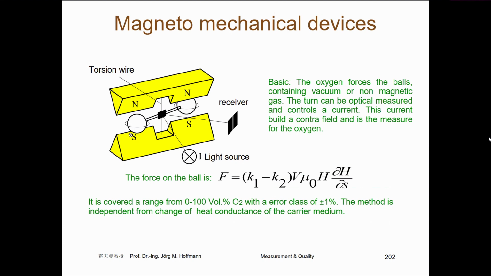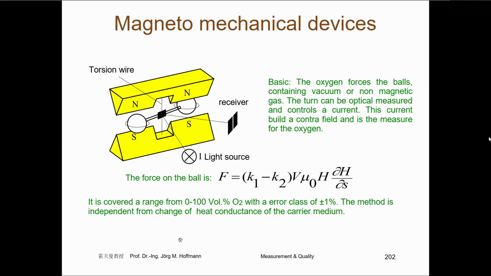And when you have more oxygen, you need a higher current to bring the ball again into the middle of these magnets, because a higher content of oxygen leads to a higher force to move this ball outside. So in the end, the current that you need to press the oxygen out of the magnet is the measure for the oxygen.